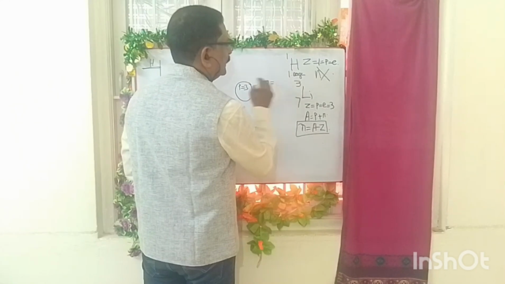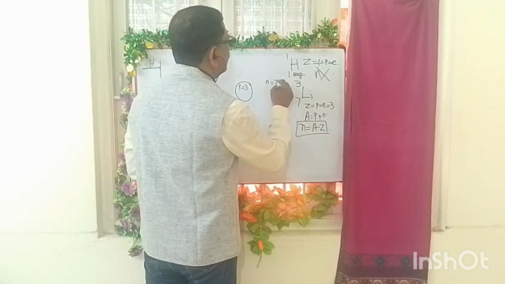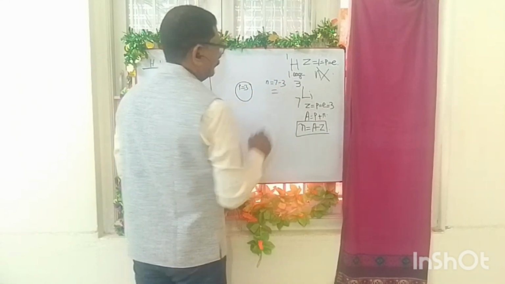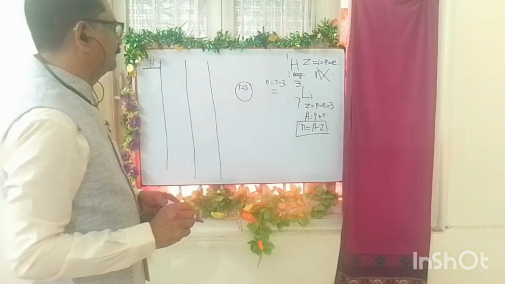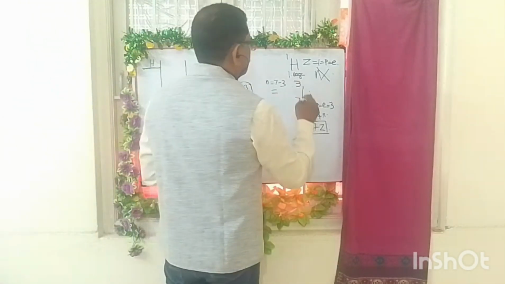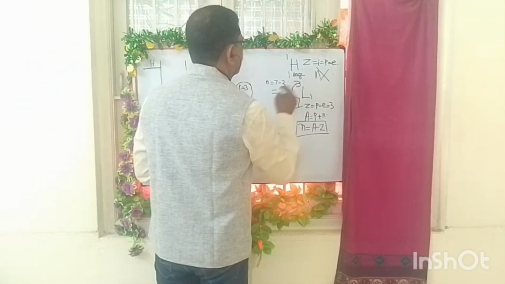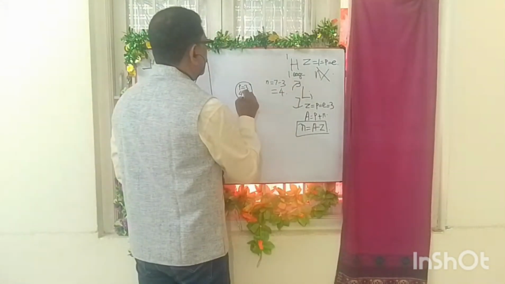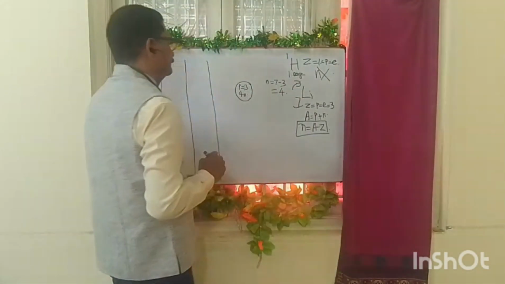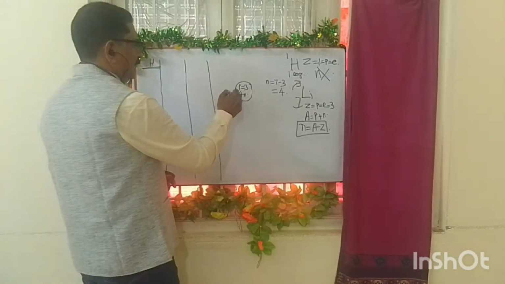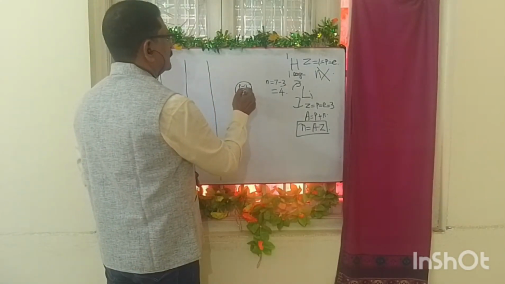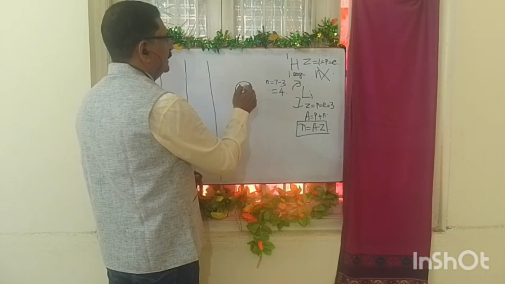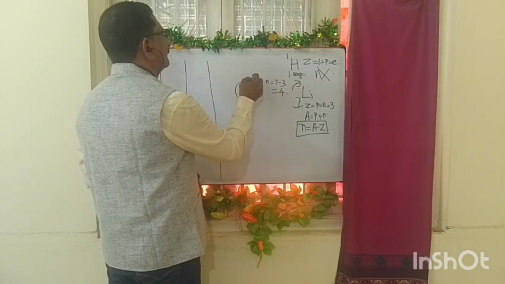Number of neutron in lithium is equal to 7 minus 3, that is equal to 4. Therefore, 4 neutrons. The mass of proton plus mass of neutron makes the total atomic mass.